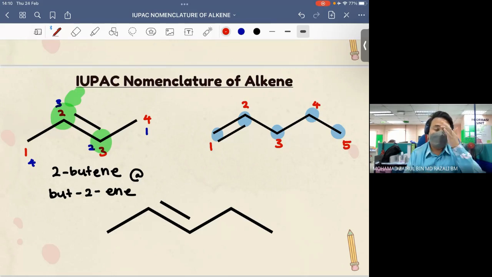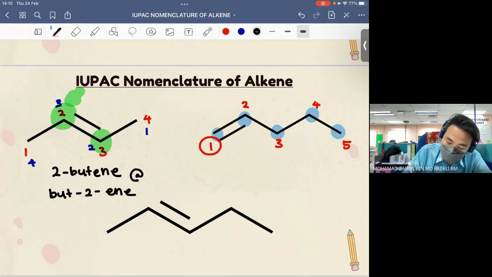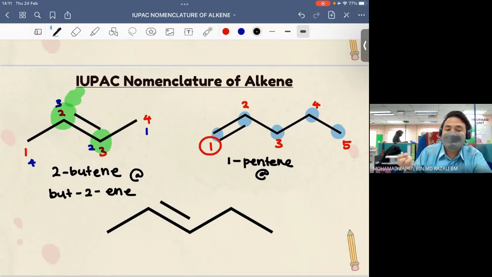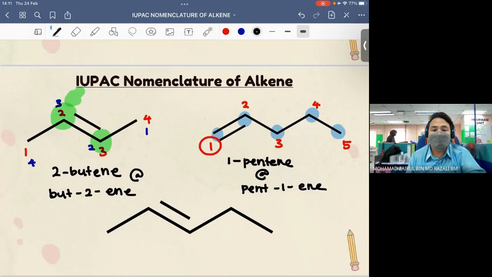So now, the double bond itu is located between carbon number 1 and carbon number 2. So kita akan ambil nombor yang pertama lah, carbon number 1. So awak boleh tulis nama dia sebagai 1-pentene, or awak boleh tulis sebagai pent-1-ene.